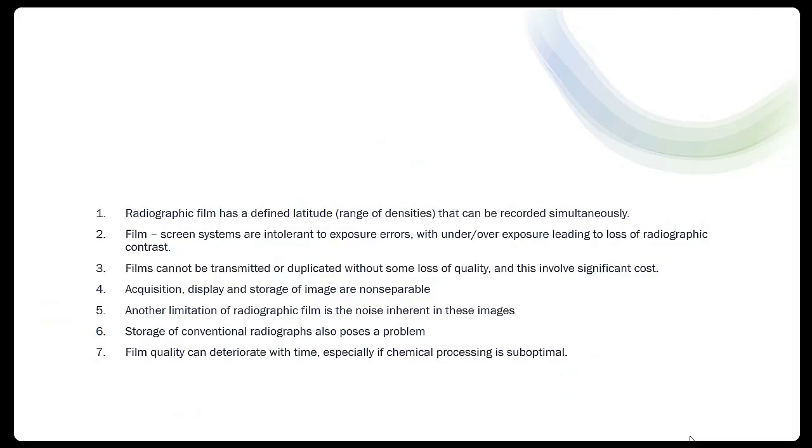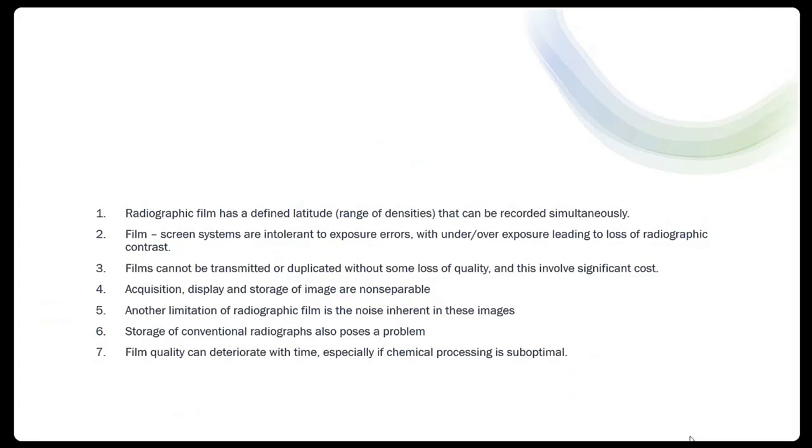First thing is radiographic film has a defined latitude, that is, the range of densities that can be recorded simultaneously is very defined. This problem is particularly highlighted in chest radiography, where 40% of lung area is obscured by heart, mediastinum, and diaphragm.